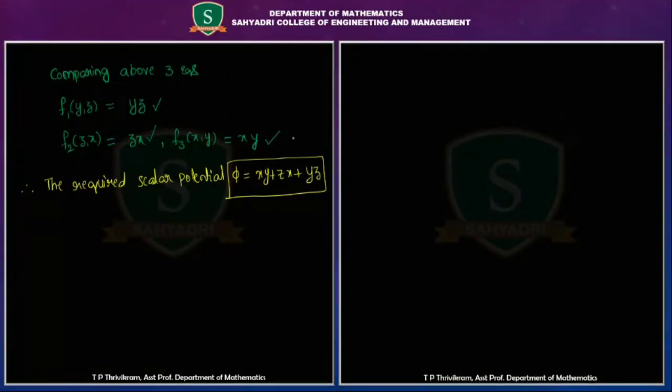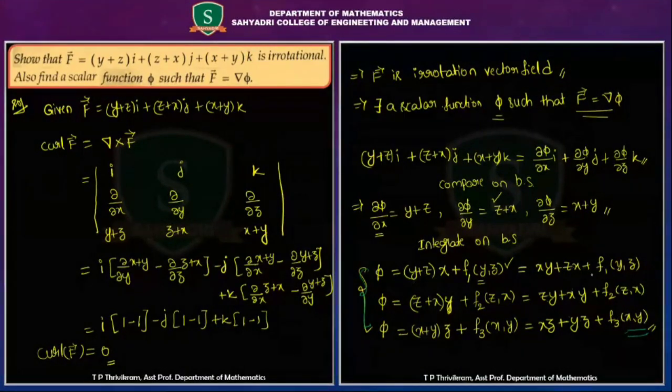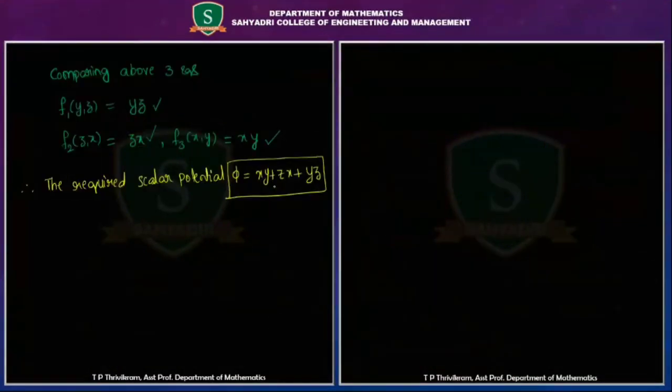So finally what I did, write any one equation among these three and substitute that function value. Okay, so the first equation I have selected. I have written xy plus zx plus function of yz. We found it as zx. Okay, so I have substituted it.